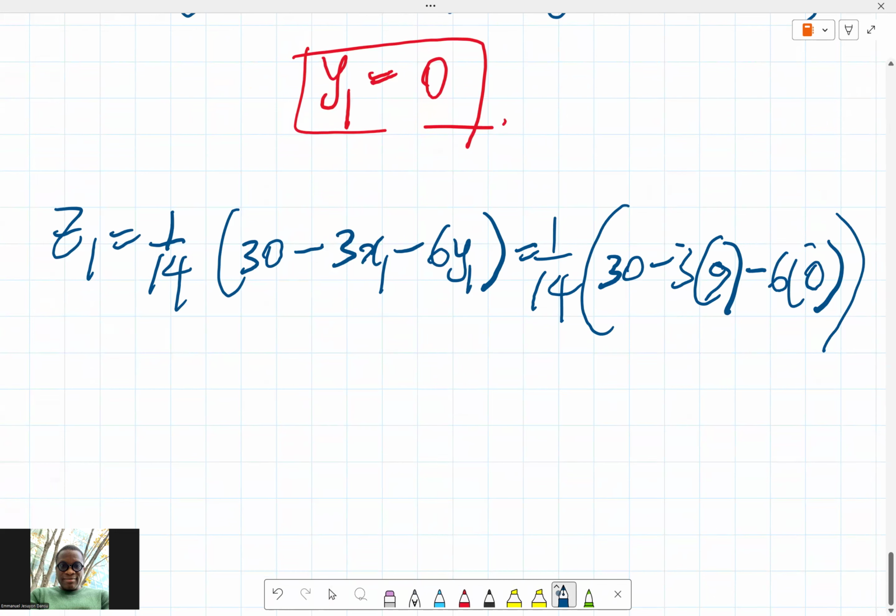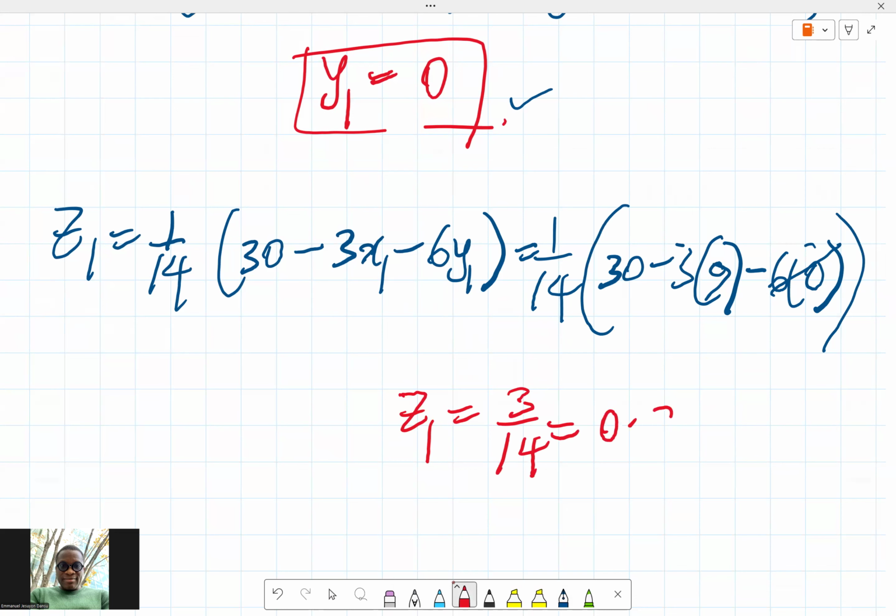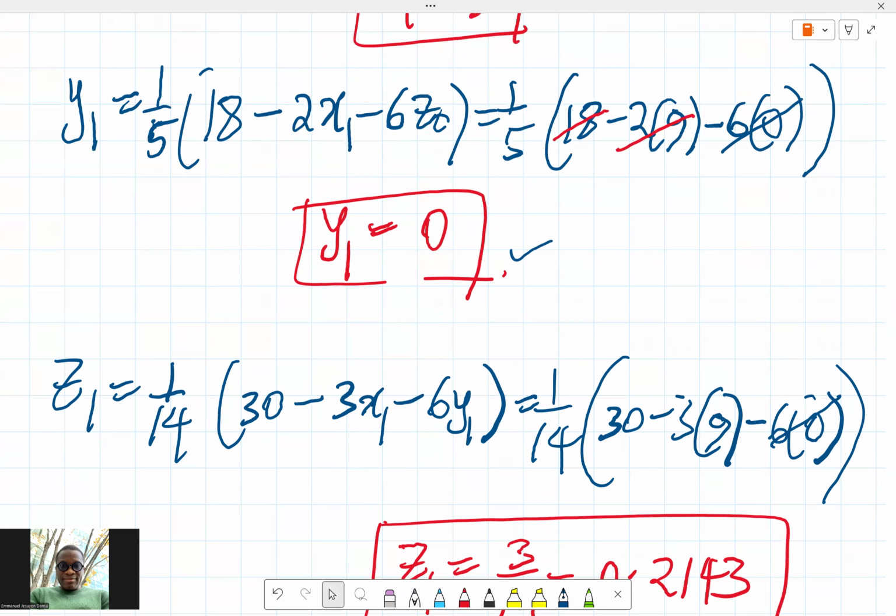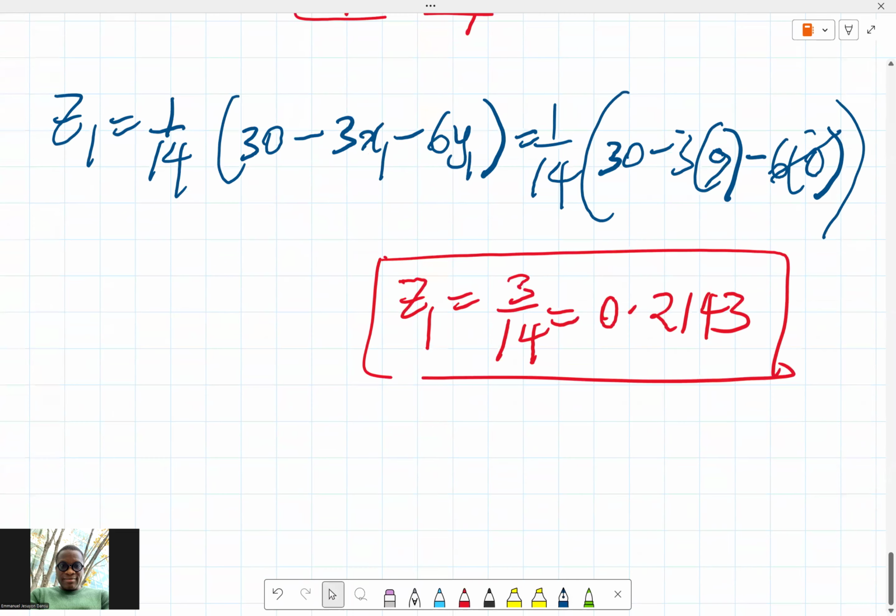That's the y1 we got now. So you have 30 minus 27, that's 3, minus 0, of course, so that's 3. Now we have z1 equal to 3 over 14, which is the same thing as 0.2143. So that's z1 right there, and that completes the first iteration.